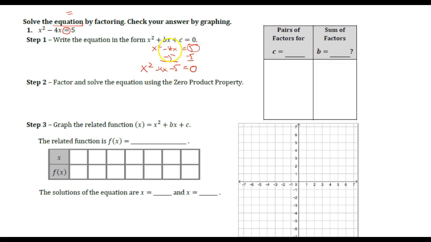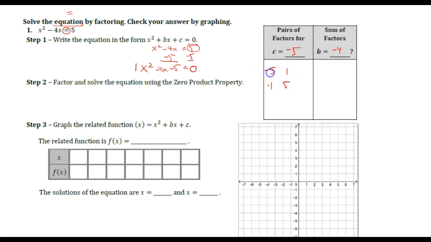0, right? Now you'll notice that I did not put these two together, though they're very close together, because whereas the negative 4 has an x, the negative 5 does not. So what I'll do is again identify my a, b, and c value. And I'll list out some factors.